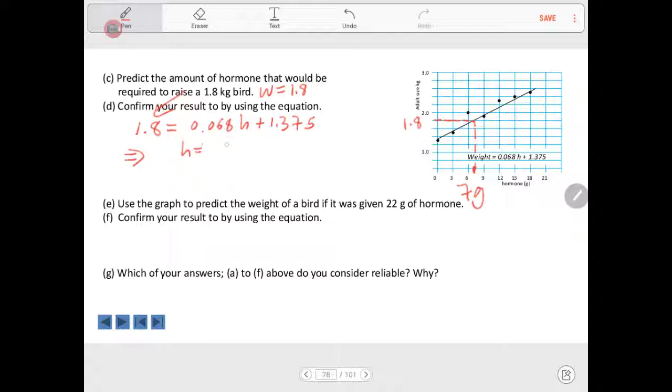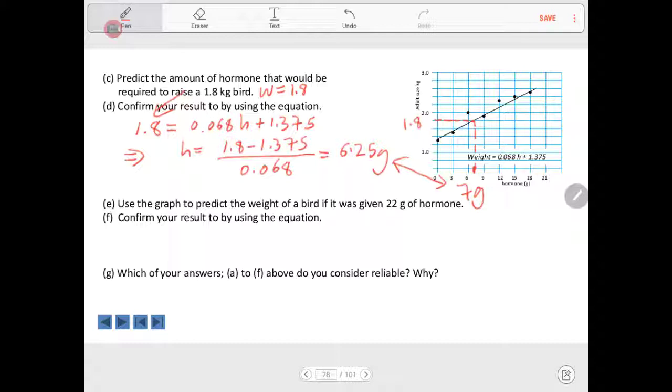This is what you should get. Subtract 1.375 and then divide by 0.068. Okay, so when we put that into the calculator, we get 6.25 grams. So a little bit off what the graph said there, but maybe the way I went across and down wasn't all that accurate, but yeah, not too bad, not miles off, just a little bit.